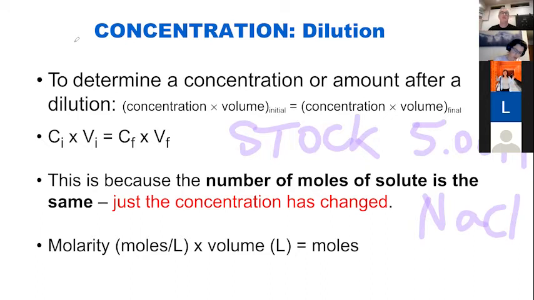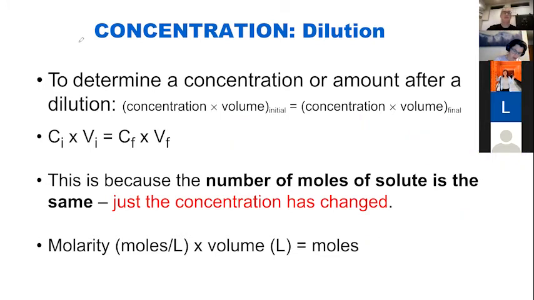So I'll just dilute it with water and make 50 millimolar or 100 millimolar or whatever it is I need. And so remember, whenever you dilute something, the only thing you change is the volume. The volume is the only thing you change. The amount, the moles of solute, stay the same.